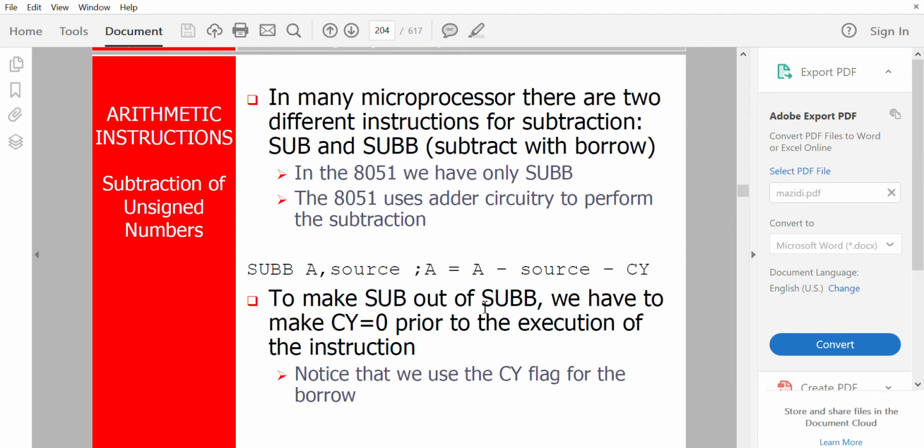You clear the carry prior to the execution of that particular instruction, so that this will be equivalent to doing subtract without any borrow. Since you have only this kind of instruction, SUBB, if you want to do subtract without borrow, just clear the carry prior to the execution of the instruction.